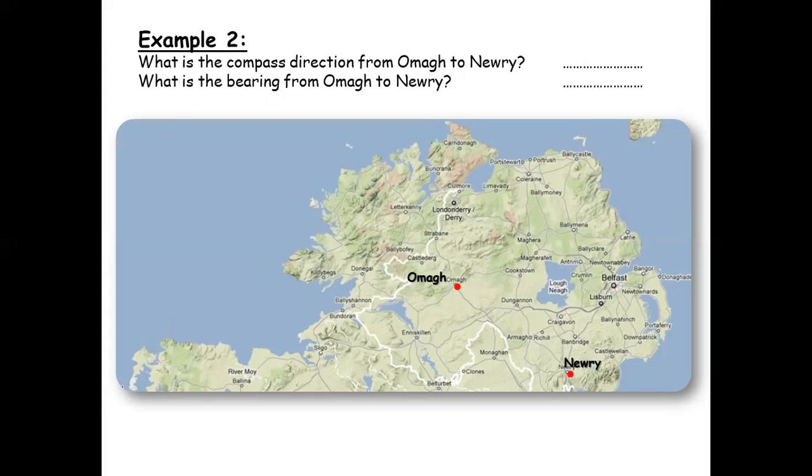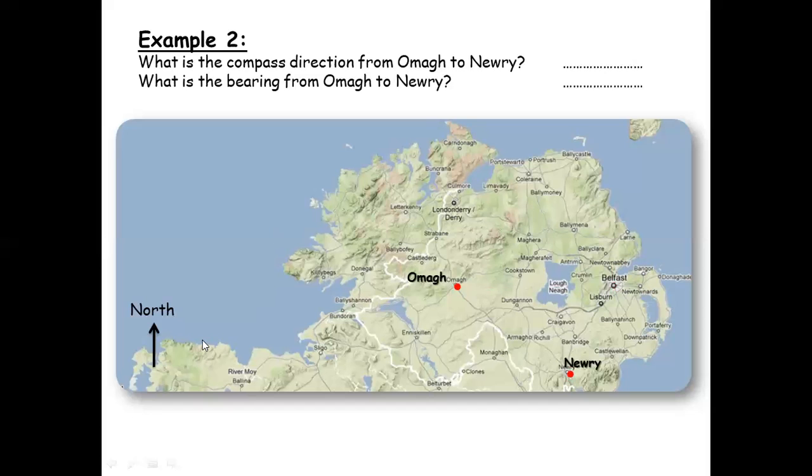Okay, let's see another example. Omagh and Newry. He's asking here what's the compass direction from Omagh to Newry, or what's the bearing from Omagh to Newry. As we agreed, both questions have the same meaning. So I'm going to join Omagh and Newry. Here's north. I have to know that north is always looking up.